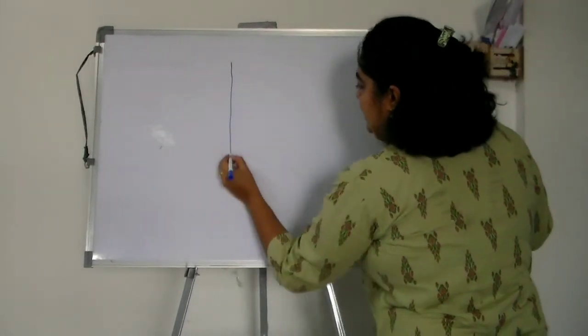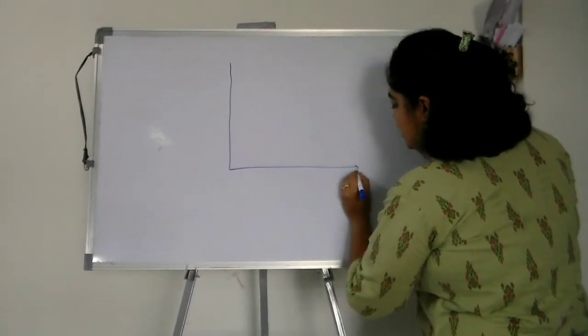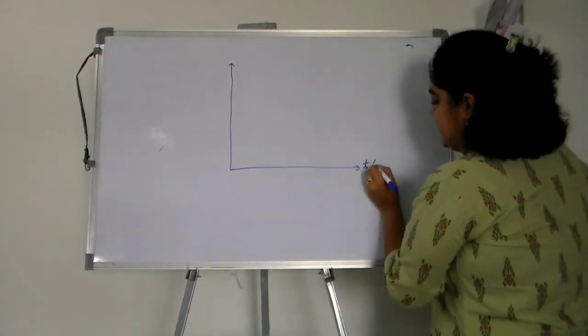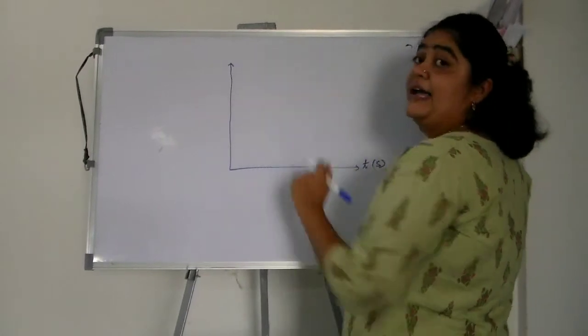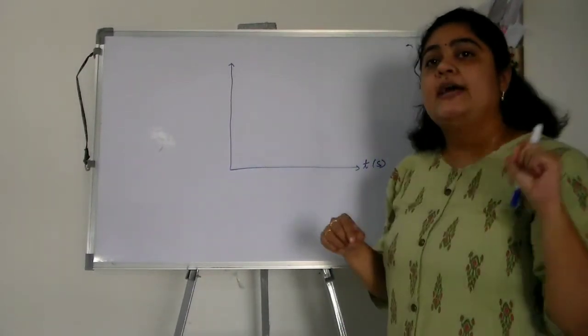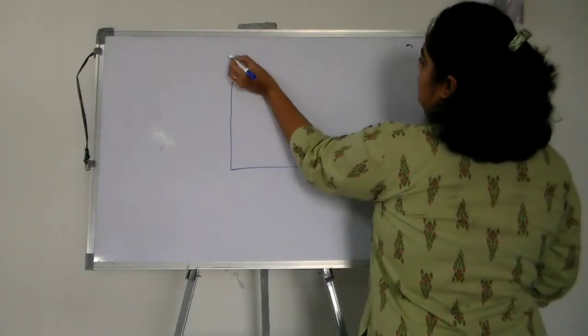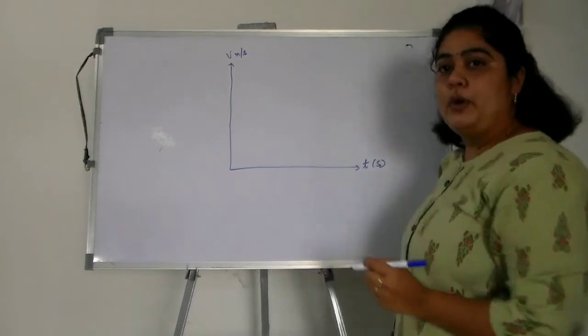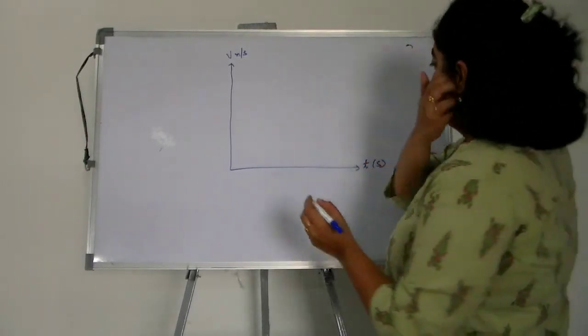So let me again draw a Cartesian coordinate system. On the x-axis I have time in seconds, but on the y-axis, instead of displacement or distance, what I will have now is velocity, in meters per second. Okay. So what happens now?